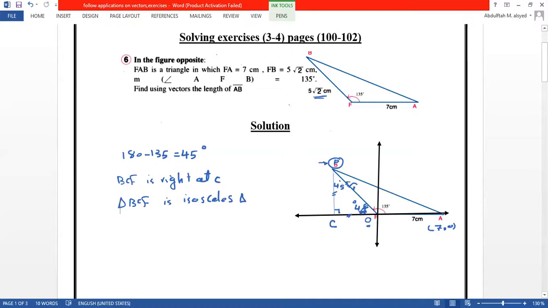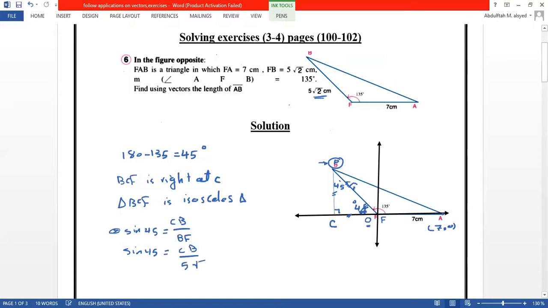If I want to find BC, I will use sine 45 equals opposite, which is CB, over hypotenuse BF, 5 root 2.